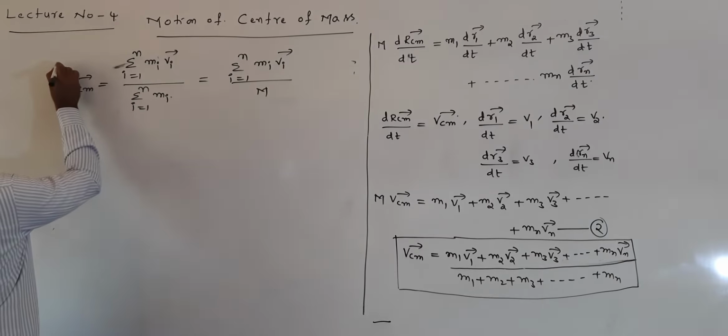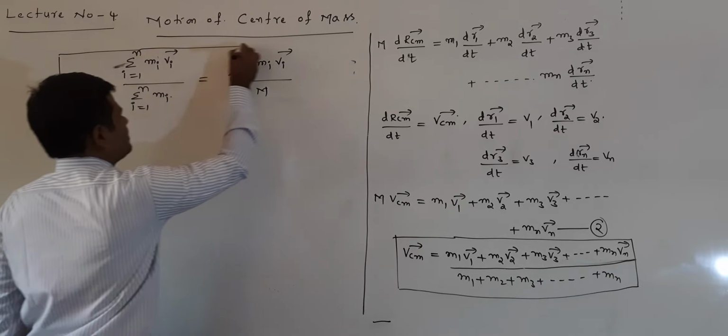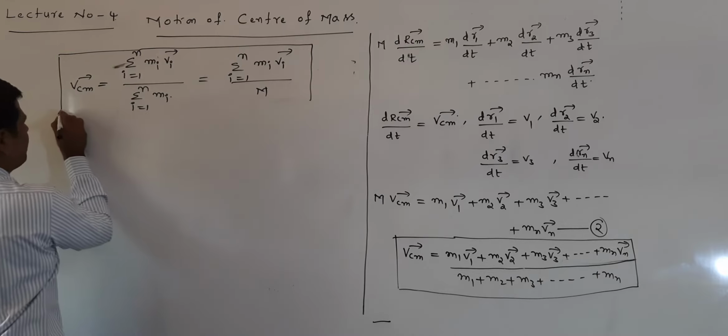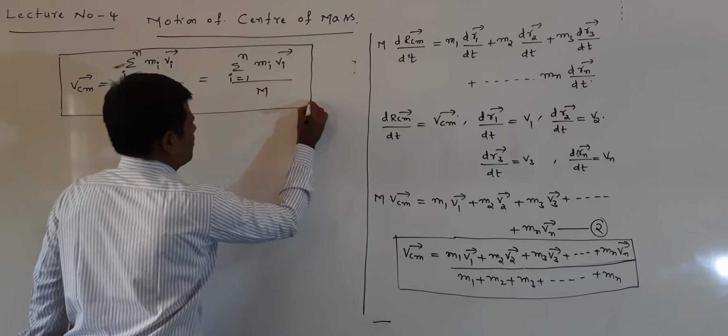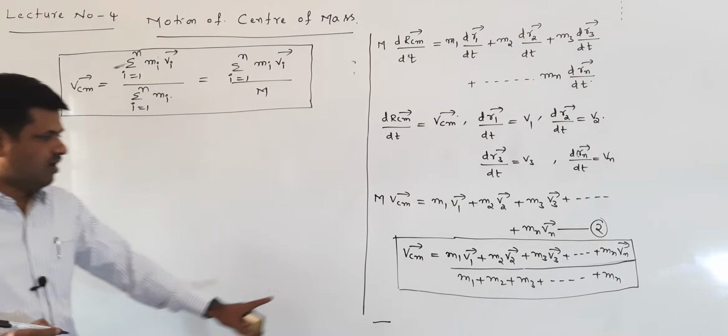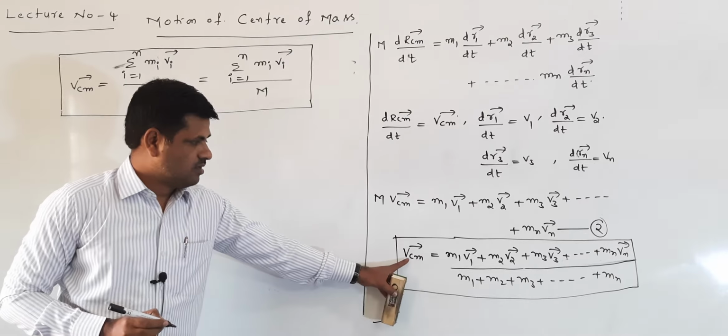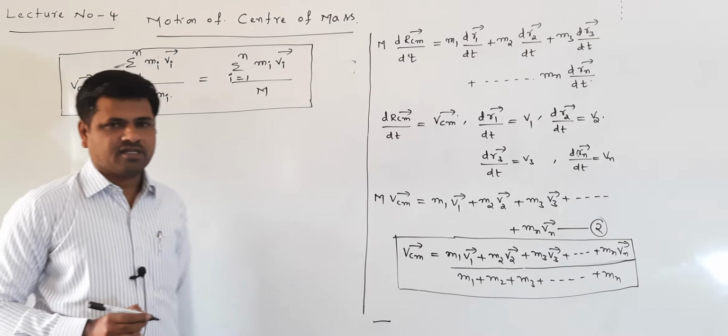This is another way of writing the velocity of center of mass, the formula for the n particle system.